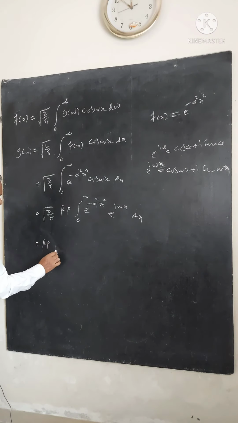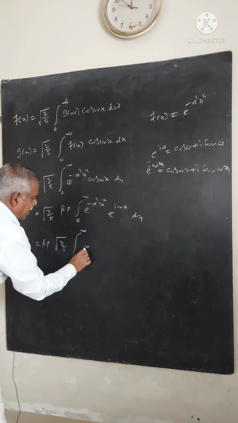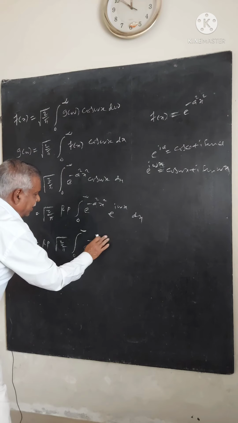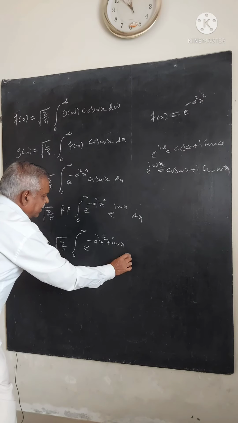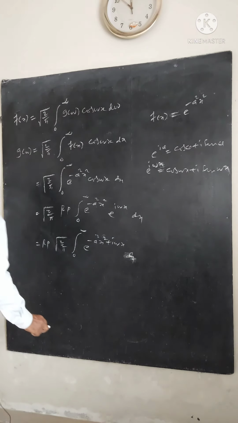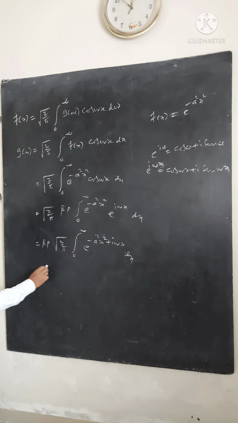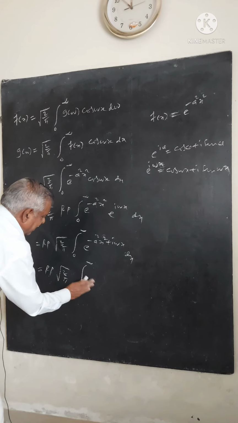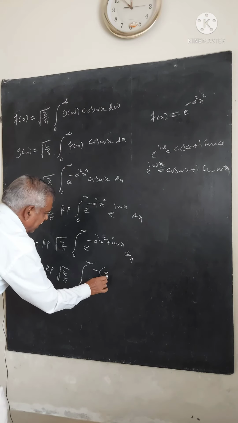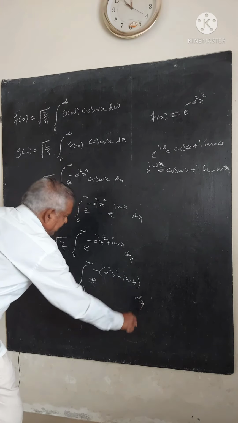Real part of root of 2 by pi, integral 0 to infinity, e power minus a square x square, powers added, plus i omega x dx. Taking the negative out, e power minus (a square x square minus i omega x) dx.